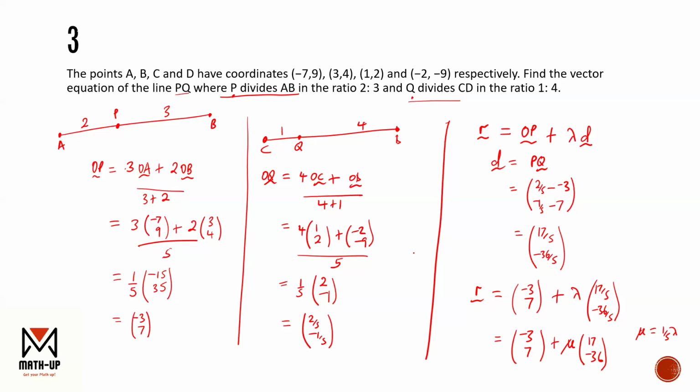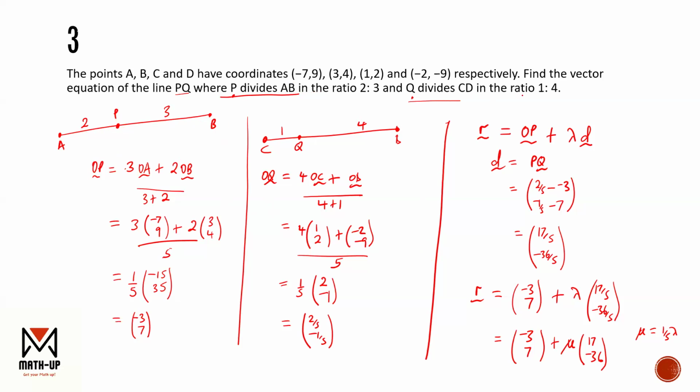Okay, so here what we've used basically is ratio theorem. You know about ratio theorem, right? Yes. Ratio theorem tells us that if a point P divides a line segment AB in the ratio 2:3, it's an internal division, because from the question it tells us in the ratio 2:3 and CD in the ratio 1:4.